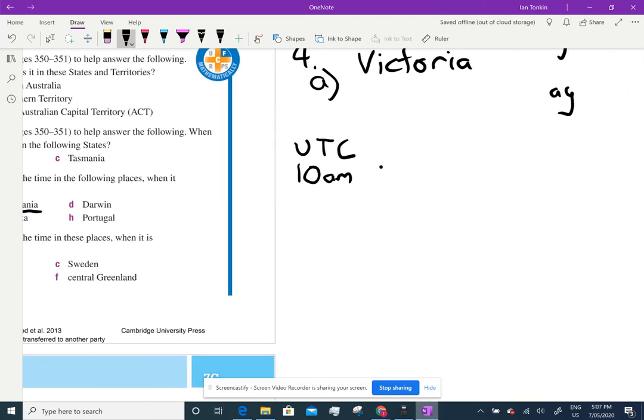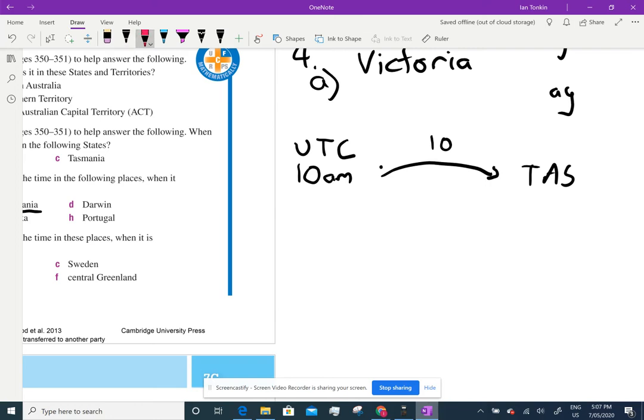We're 10 hours in front over here in Australia, in Tasmania. We have to go 10 hours. So you can count on your hand and go 11 a.m., 12 a.m. and count another 10 and go, oh, okay.